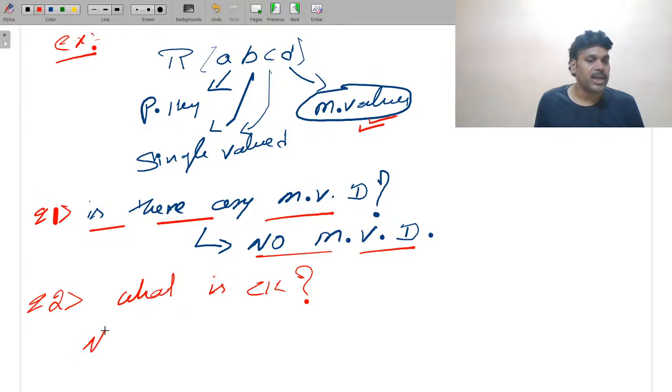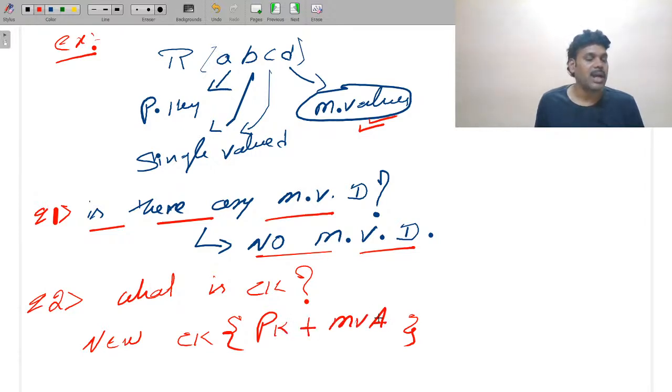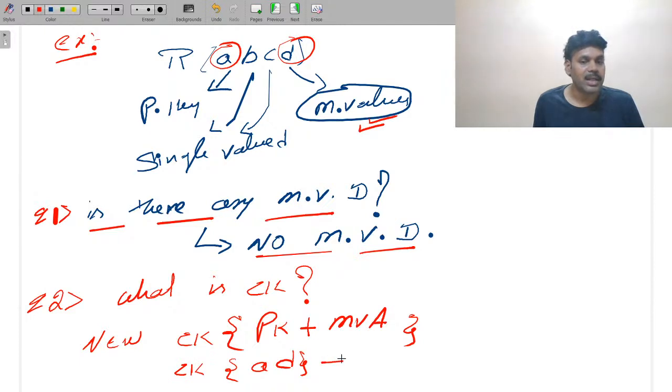The new candidate key after conversion is your earlier primary key plus the multi-value attribute. This we know. So your earlier primary key is A, and your multi-value is D. Finally, your candidate key is AD for the relation R.